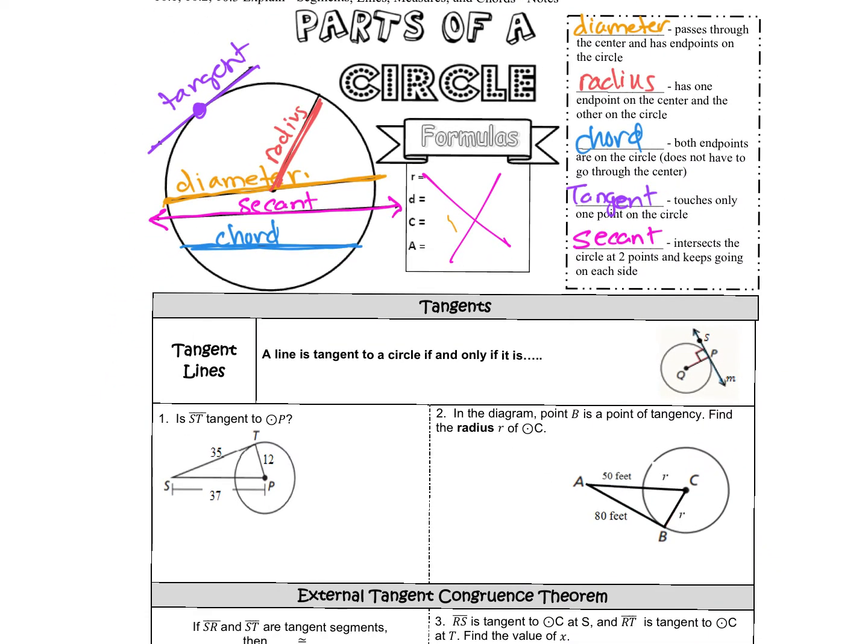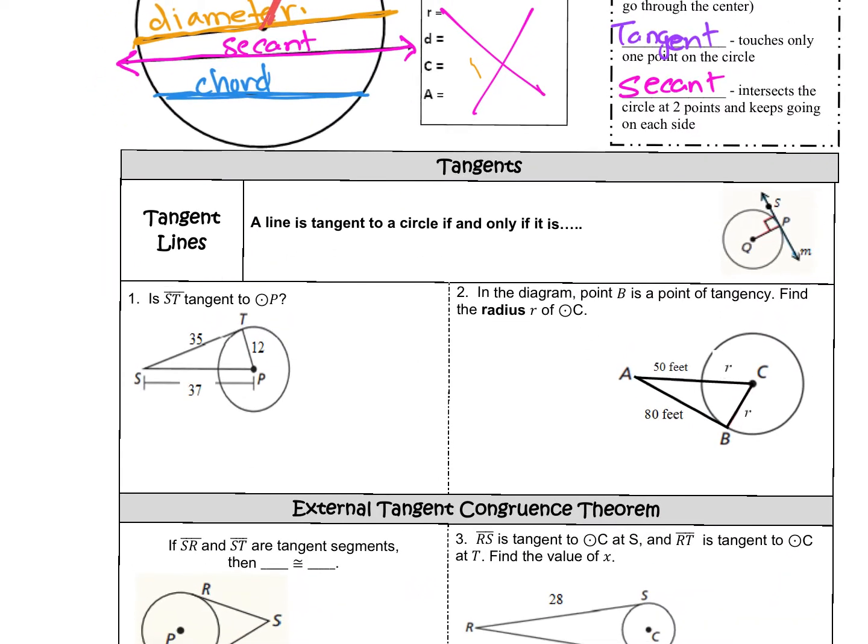All right, so we're going to talk about a tangent line. A line is tangent to a circle if and only if it is perpendicular to the radius.